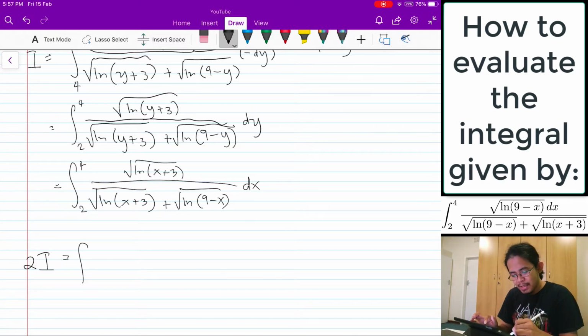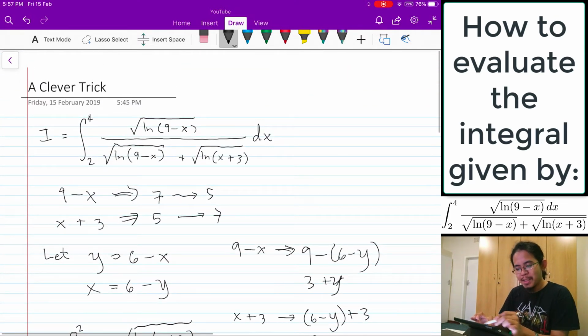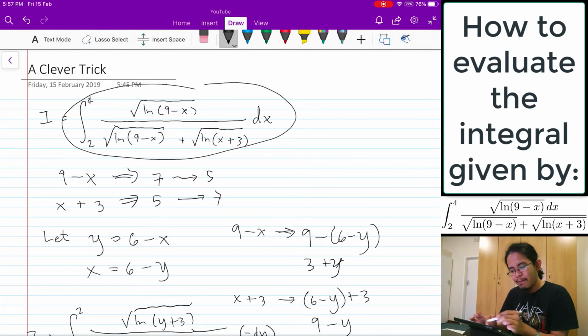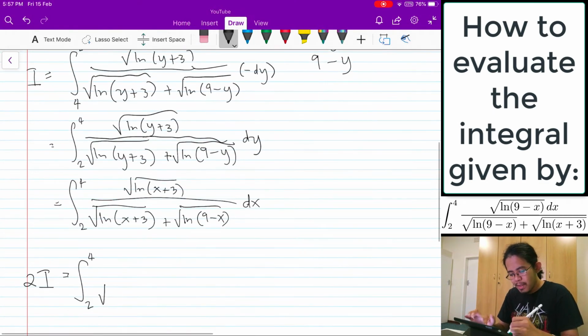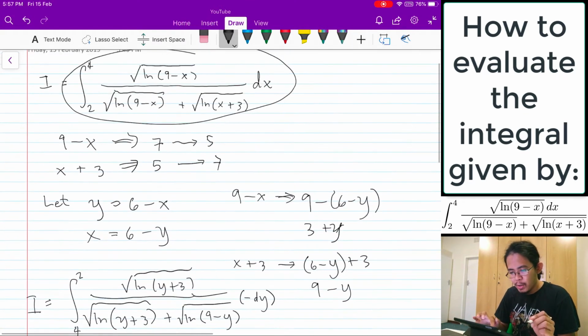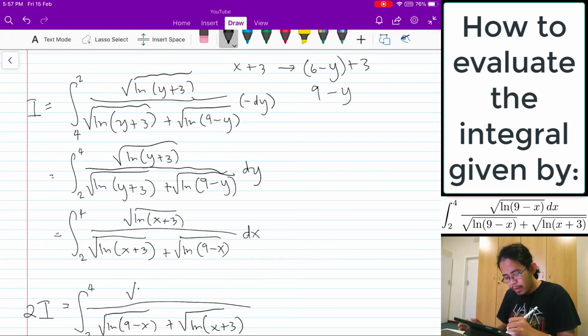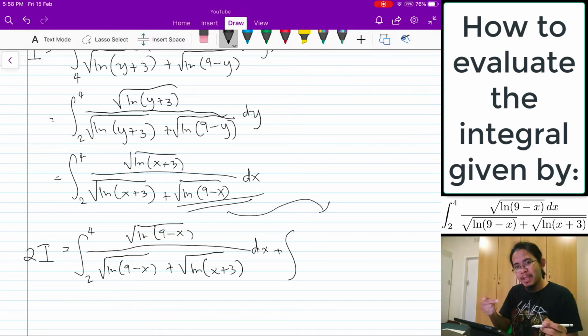So this becomes the integral from 2 to 4 of the integral above. This integral right here will be our first term, so that is the square root of ln(9-x) plus the square root of ln(x+3) in the denominator, and in the numerator you have the square root of ln(9-x). We're adding it with this integral right here, which we claim to be the same integral as the one above.